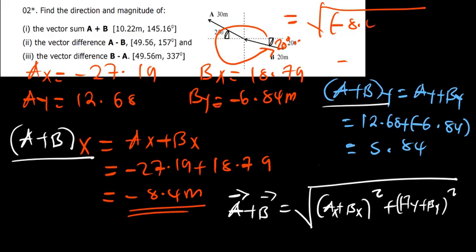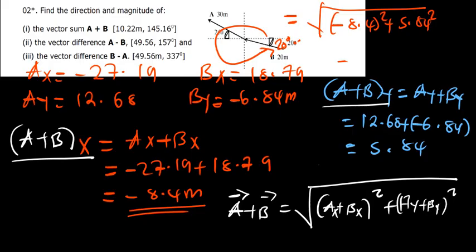8.4. Now I square it, plus the second part is 5.84. Now we square it. What are we going to have? That negative is the same even if you ignore it because you are squaring it. So it's 8.4 squared plus 5.84 squared. The answer I'm getting is 104.6656.